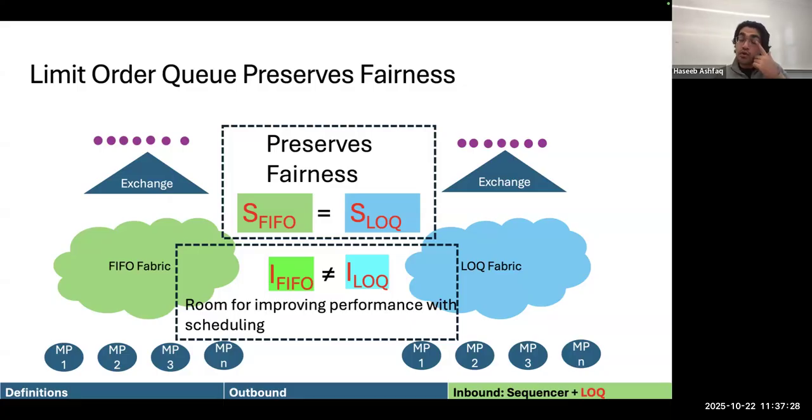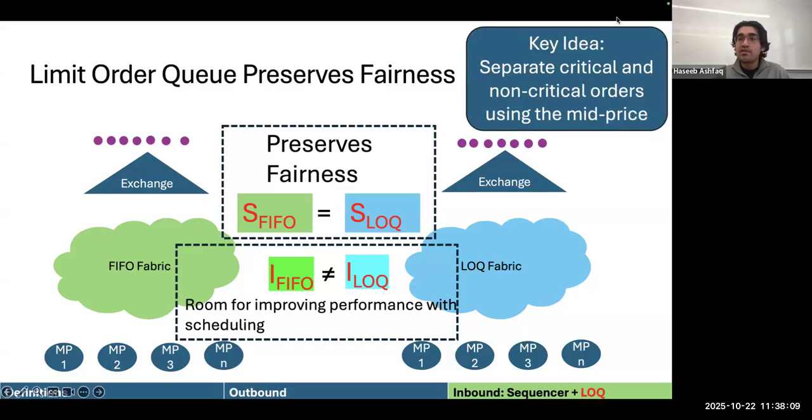We are also working on a follow-up of this work where we encode these constraints of preserving fairness, and then we have any exchange matching algorithm. Right now, we're using the price-time priority matching algorithm, but there can be any other algorithm, and automatically such a scheduling policy is synthesized so that when the sequence of orders goes through that matching algorithm, the SLOQ is still equal to SFIFO, but whatever packet reordering room we can get from the scheduling policy may improve performance.